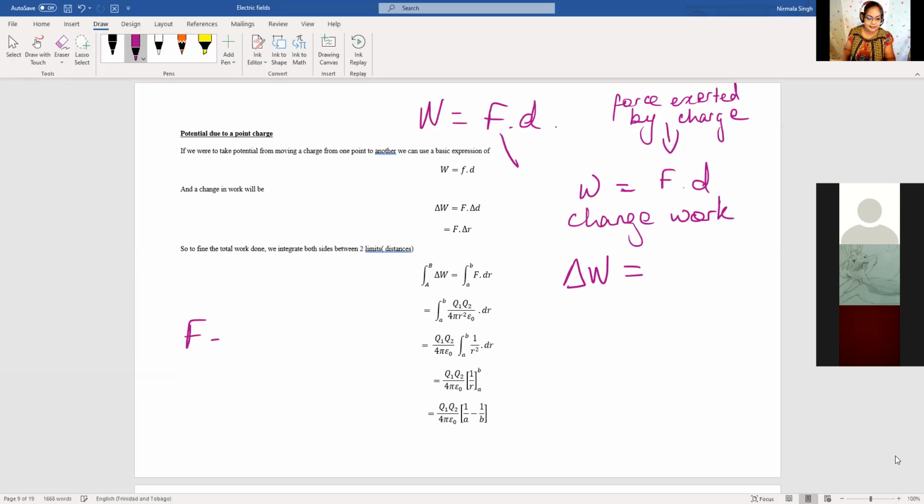Remember, force is equal to Q1 Q2 over 4 pi r squared epsilon naught. These things do not change. The only thing that can change is how far away your charge is from the next. So we cannot necessarily change the force exerted by a charge. Does that make sense?